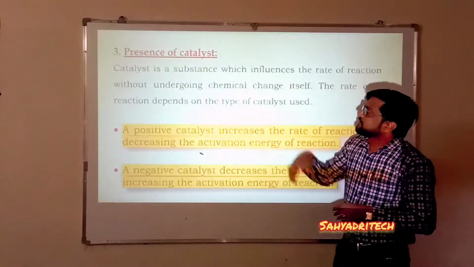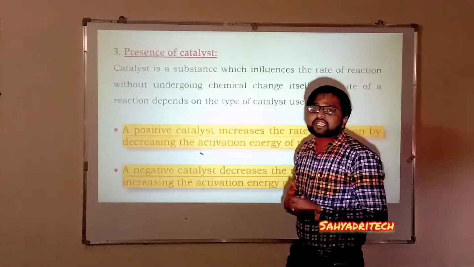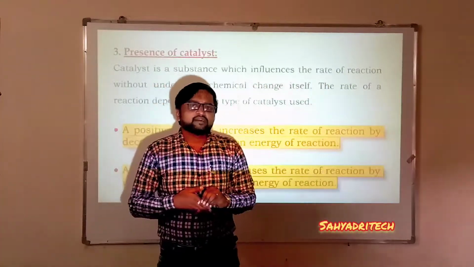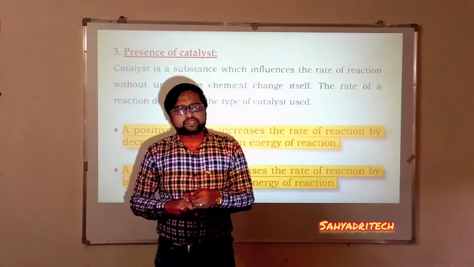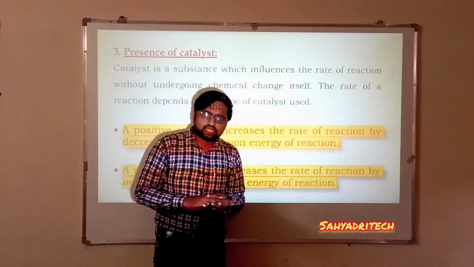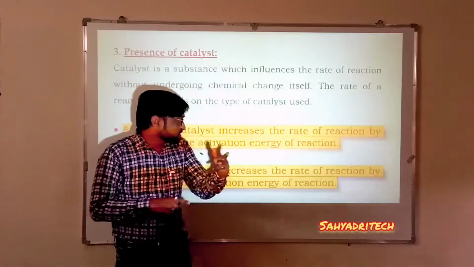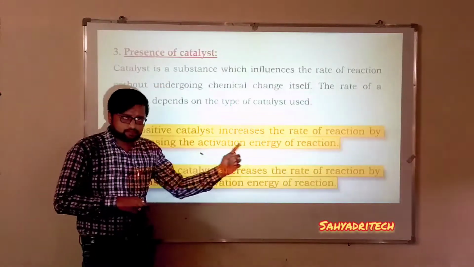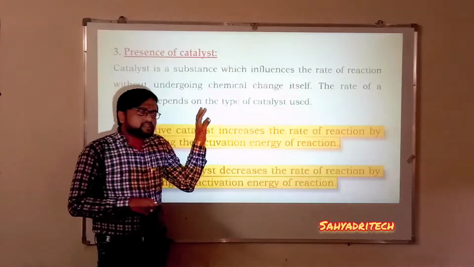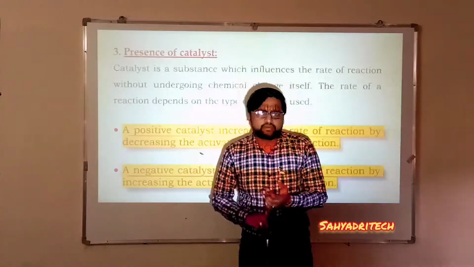So overall, if I consider the presence of a catalyst, yes, a catalyst is also going to influence the rate of a reaction. The nature of the catalyst decides the effect. If you use a positive catalyst, it increases the rate of a reaction. If you use a negative catalyst, it decreases the rate of a reaction. In the upcoming session, I'm going to deal with this concept, activation energy. So here, what is to be remembered is that a catalyst is going to influence the rate of a reaction.